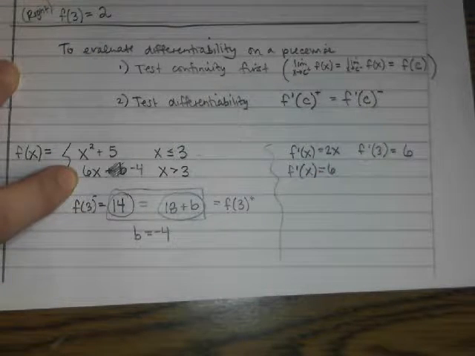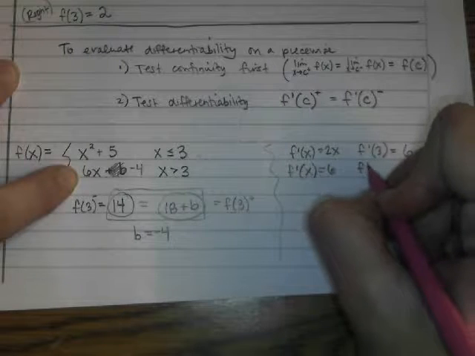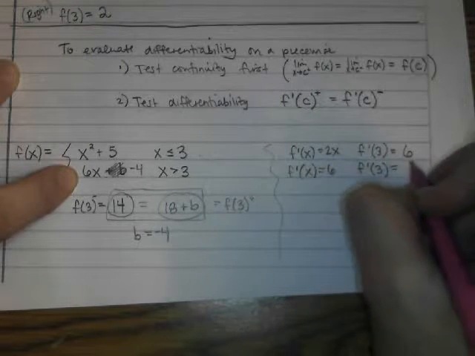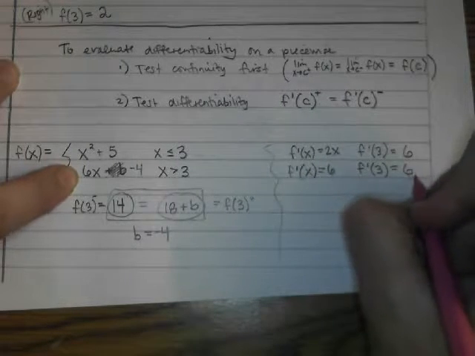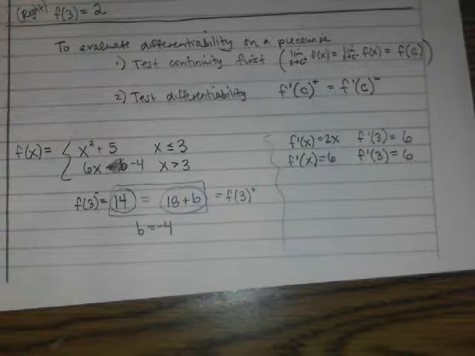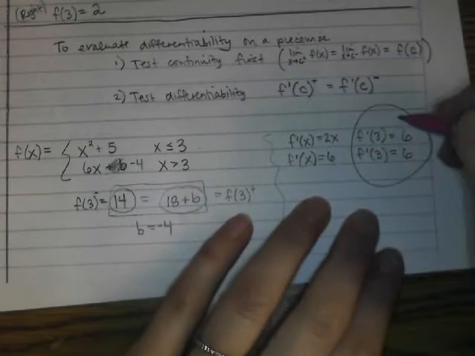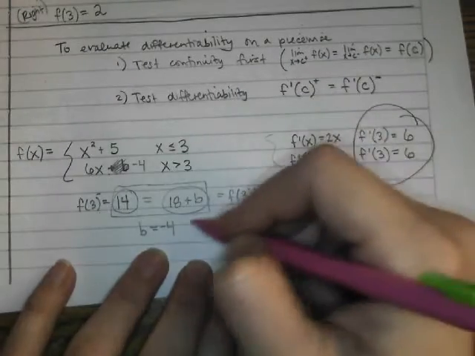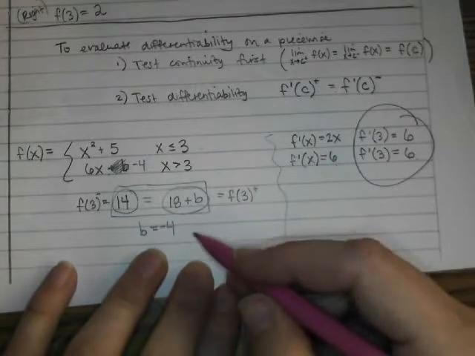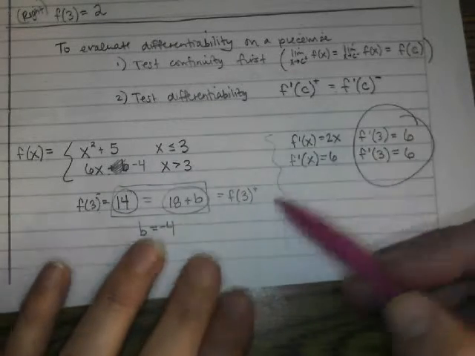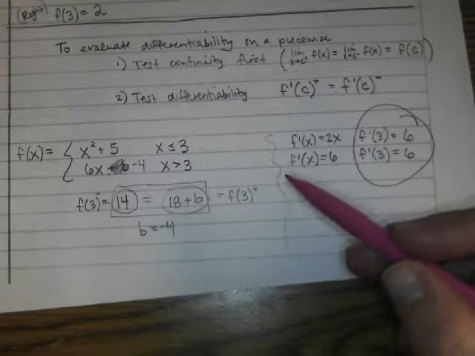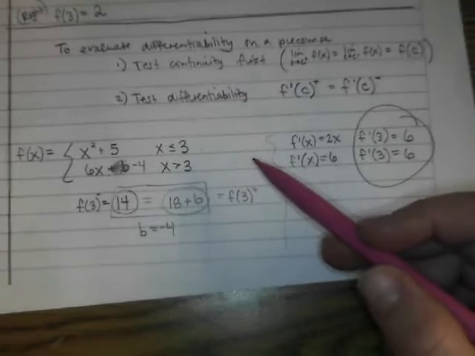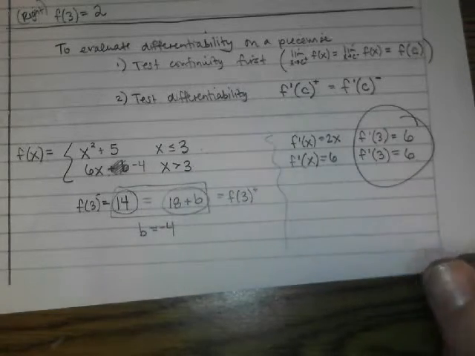And so when I evaluate that at 3, of course, since the derivative is constant, that's also 6. And they equal, and they were continuous. We made it so that they were continuous. We found the b value to make that happen. And so in this case, this is one of the rare cases where a piecewise function is differentiable at 3.